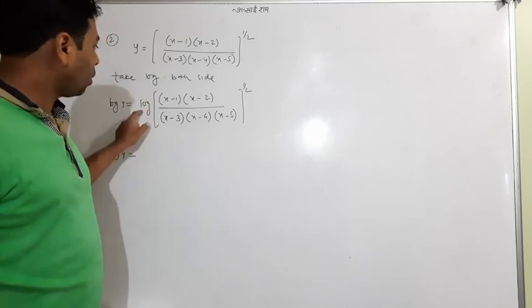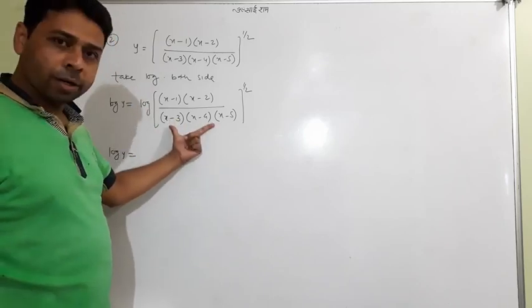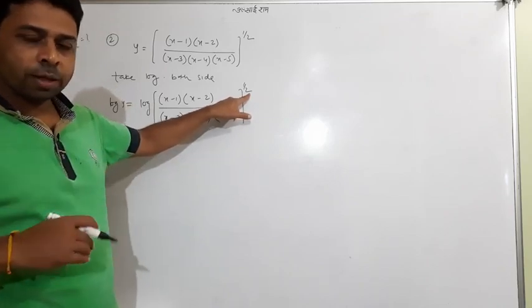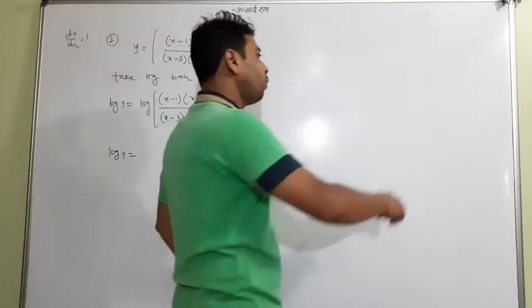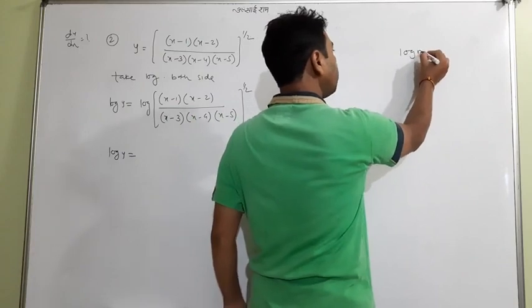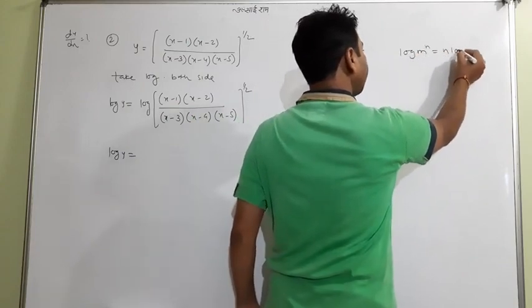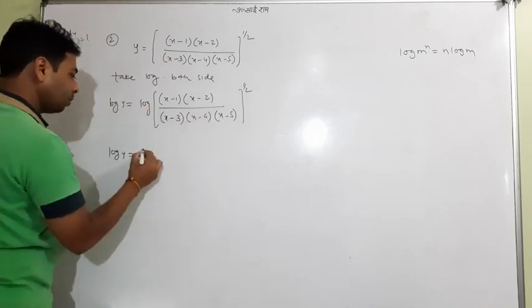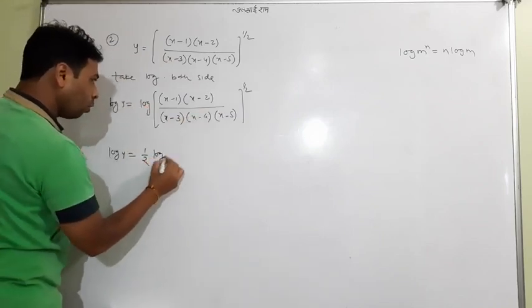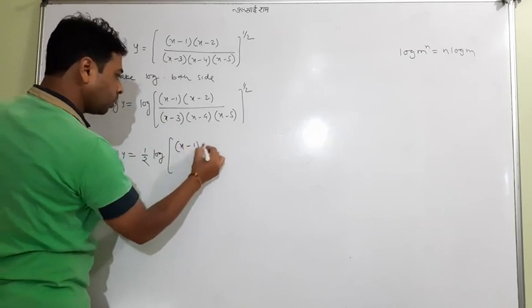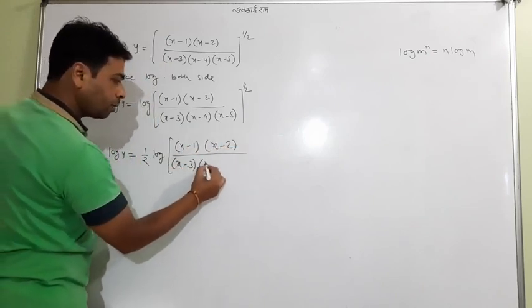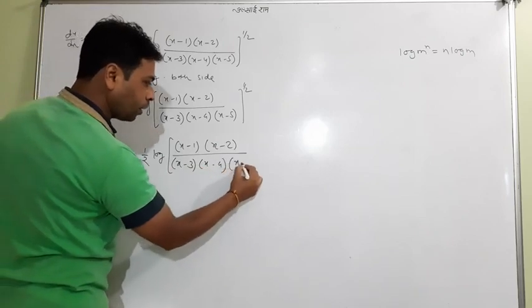First, log of m to the power n. What was the formula? Log m to the power n is n log m. So the power will come in front. Use it. So half will come in front: half log of the whole function x minus 1, x minus 2, x minus 3, x minus 4, x minus 5.